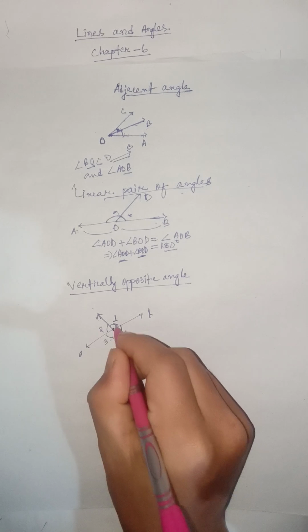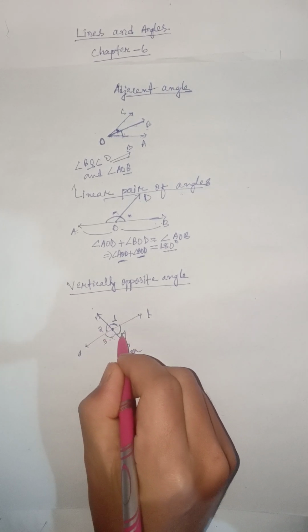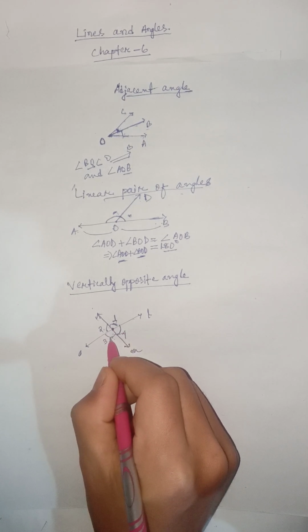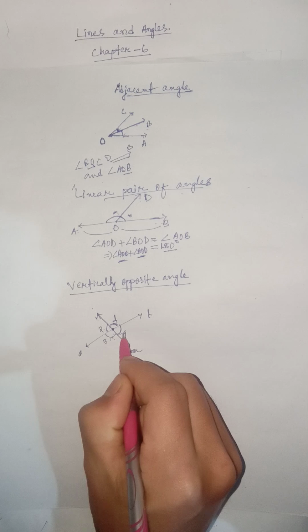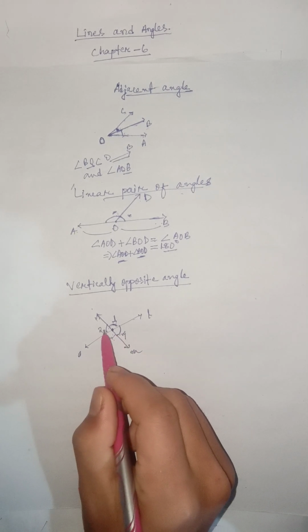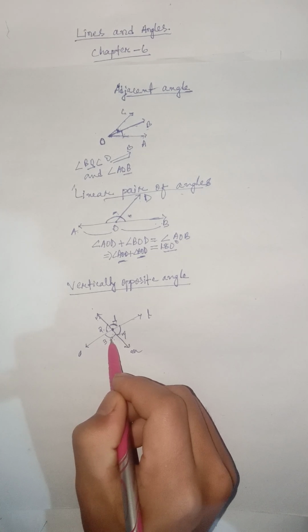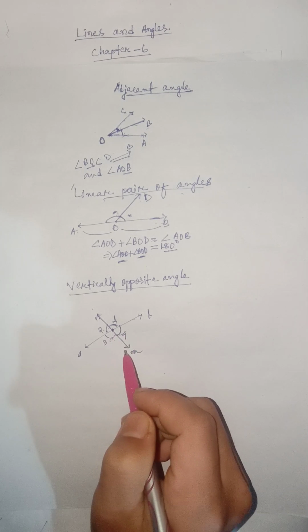Angle 2 and 4 should be equal, and angle 1 and 3 should be equal because of vertically opposite angles. Whenever you add angle 1 as well as angle 4, you will get 180 degrees. Whenever you add 2 and 3, you will get 180 degrees. Such kind of angles we'll call vertically opposite angles.